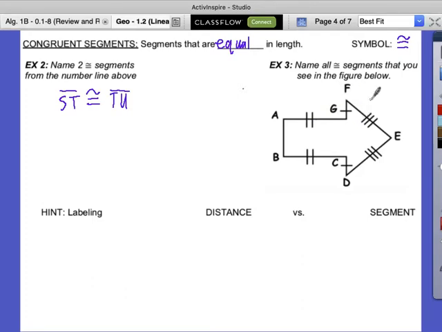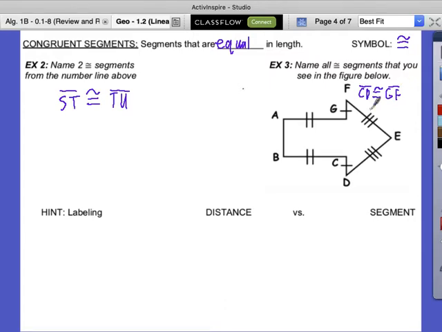Okay, Schroeder. G and C. G and C is not a segment. So segment blank blank is congruent to segment blank blank. Segment CD is congruent to segment GF. Very good. That'd be the one with the 1 tick marks, okay? Somebody want to give me another one? We have 2 more sets here. Okay, Elizabeth.